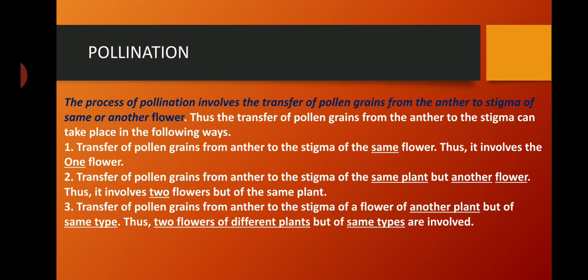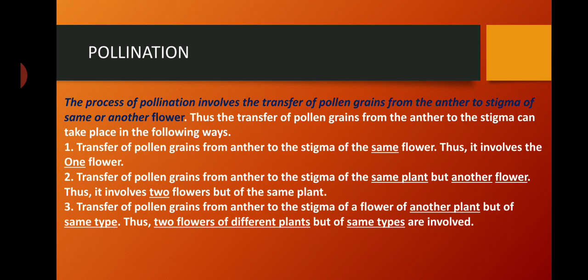Thus, the transfer of pollen grain from the anther to the stigma can take place in the following ways. So, what are the ways in which this transfer of pollen grain can take place?